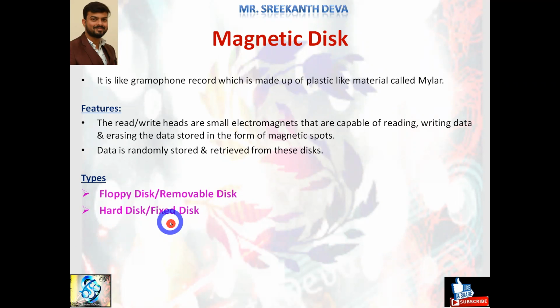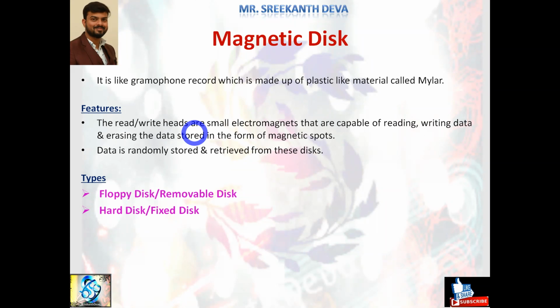Once again, I'm explaining magnetic disk. The main features are formatting and tracks. The data stored on a magnetic disk should be formatted before you store it. Formatting is a process of creating tracks and sectors on the surface of the disk so that the data can be stored.